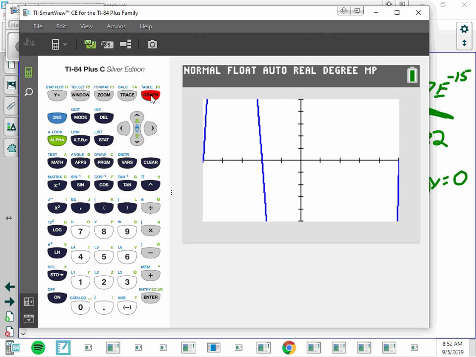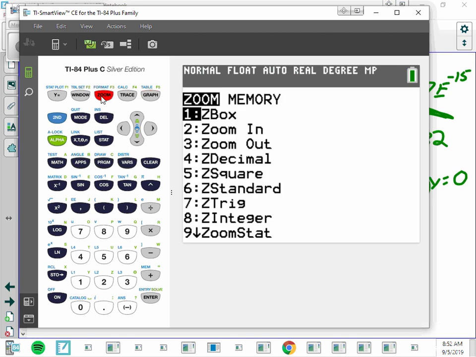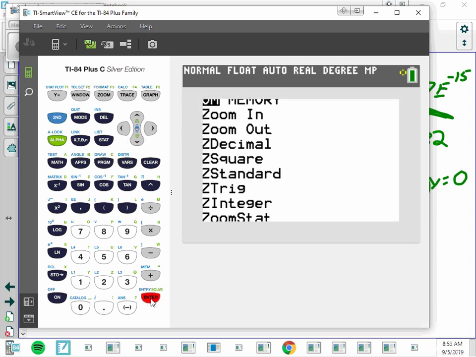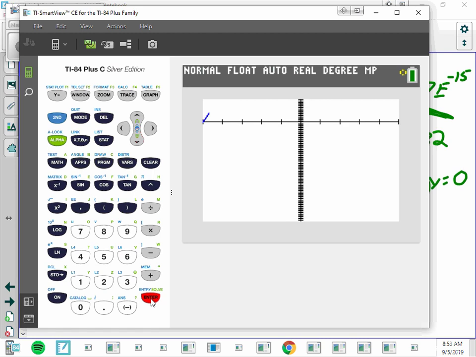And then I'm going to tell the calculator, you pick a set of y values that will capture the entire graph. And you do that by pushing zoom, and then I think it's zoom 0 actually. Zoom fit. And again, in order for zoom fit to work, you choose the x-axis and then do zoom fit, and the graph will choose the y-axis for you.